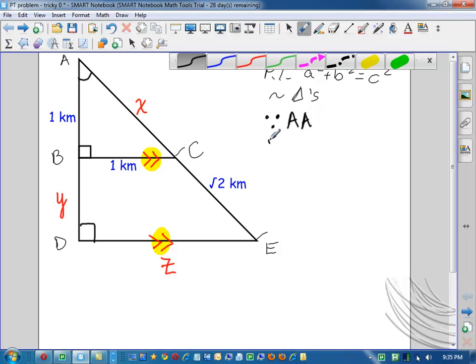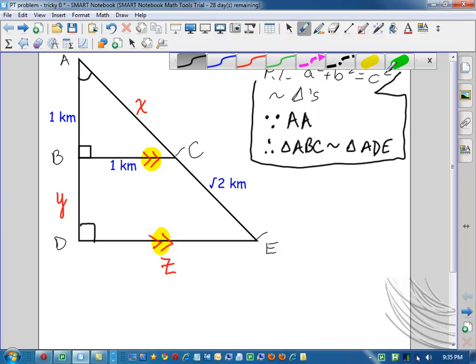Since AA, therefore triangle ABC is similar to triangle ADE. And remember that the order that we list these is quite important. So we've just shown that we have some similar triangles, so that's good.